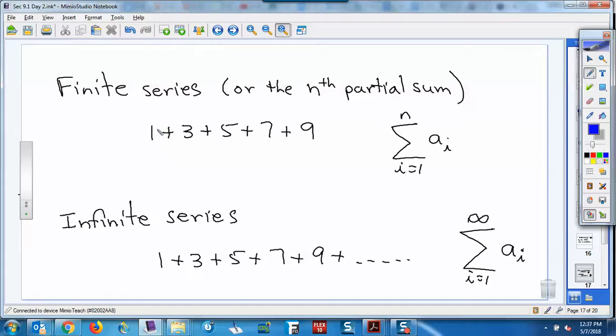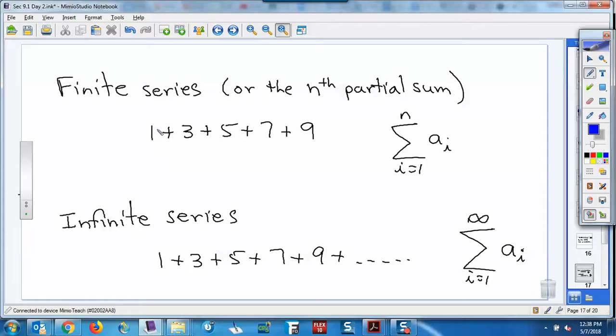All right. So, we have two types of series. We have a finite series, so there's a fixed number of terms. Now that's also called the nth partial sum. It sounds like a big fancy thing, but if I give you some sequence and ask for the fifth partial sum, okay, sum now means we're going to add up the terms, right?